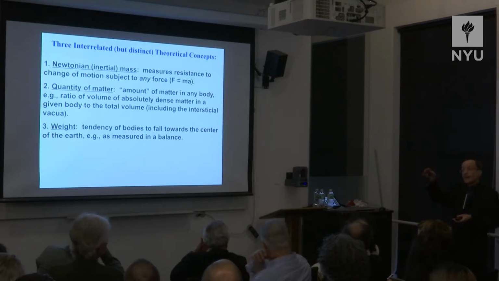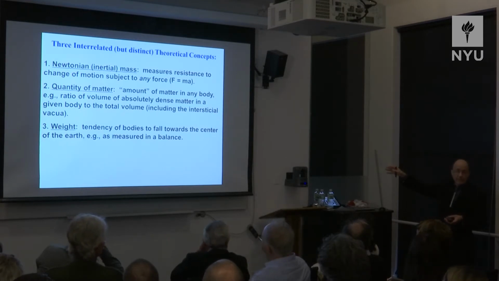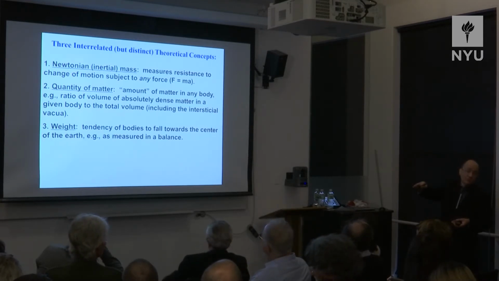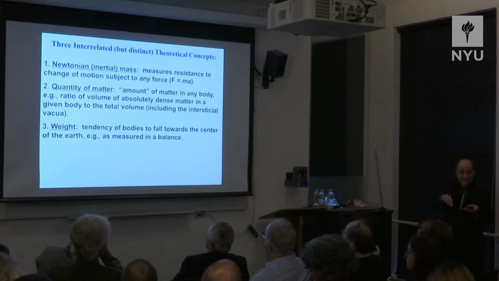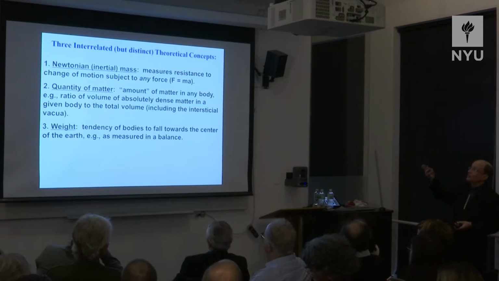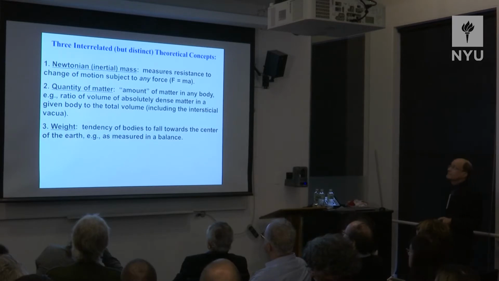Because we talk about how you can be heavier. If you were on the sun, God forbid, you'd be much heavier. If you're on the moon, you're lighter. So weight is actually relative to the body that's the source of this tendency. But that's not true of either inertial mass or quantity of matter. Okay, so let's go with that.